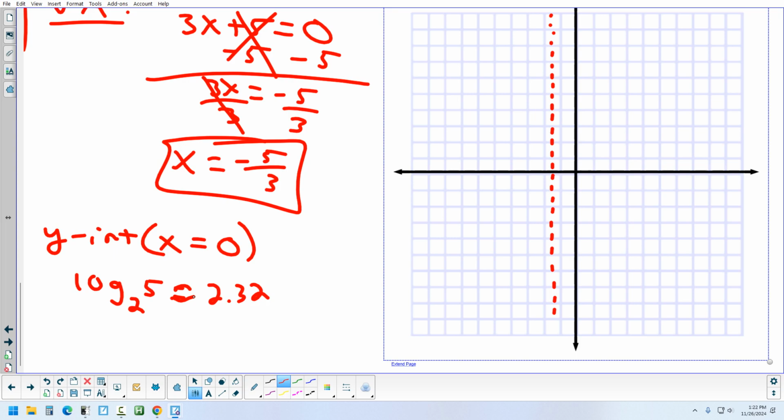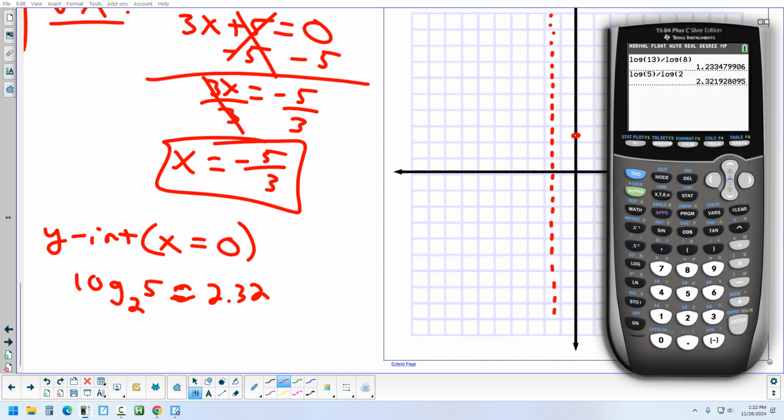Why can't you just type log 2 5? Like, just write log 2 and then parentheses 5.